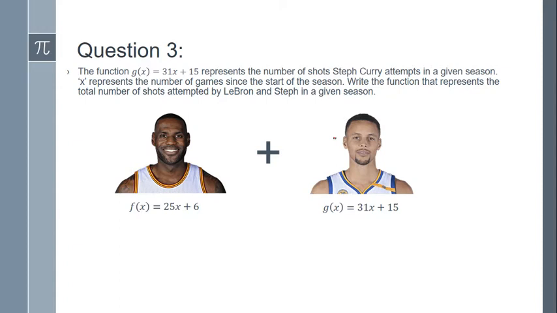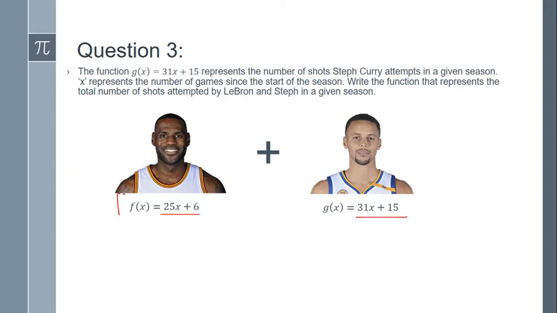Now we're talking about performing function operations. One of the things we can do with functions is add them, subtract them, multiply, divide them, just like you can do with real numbers. Here it's literally saying LeBron plus Steph, so I'm going to take each of their individual functions and add them together.